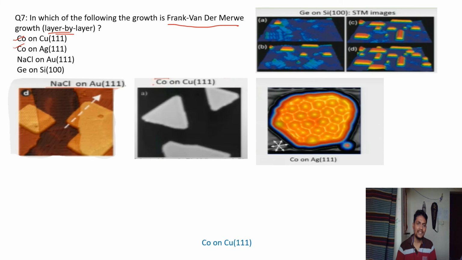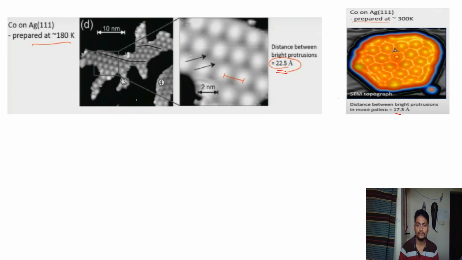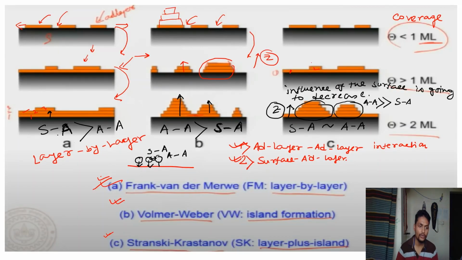Now try to answer this. Surface interaction will dominate whenever there is very little mismatch between the two. If there is a mismatch, there is still surface and adsorbate interaction, but if the lattice parameters of the surface atom and the add atom are very different, then even if the interaction is much higher, the film still cannot form as a layer because of the large strain.